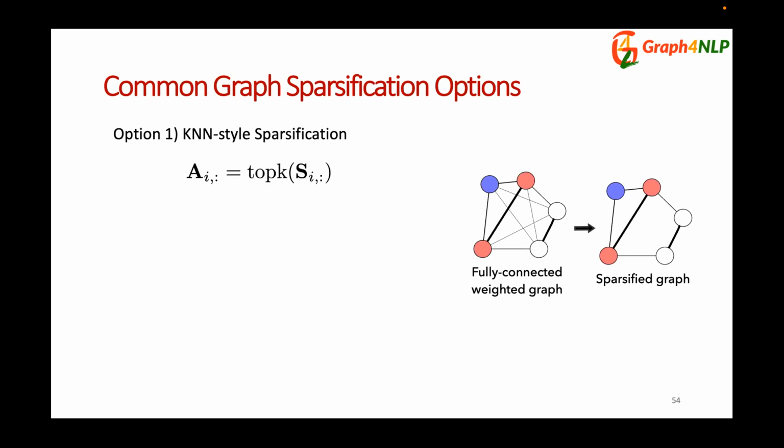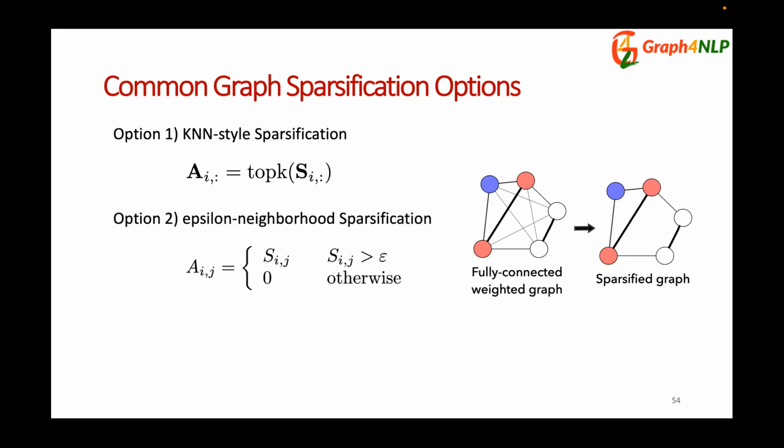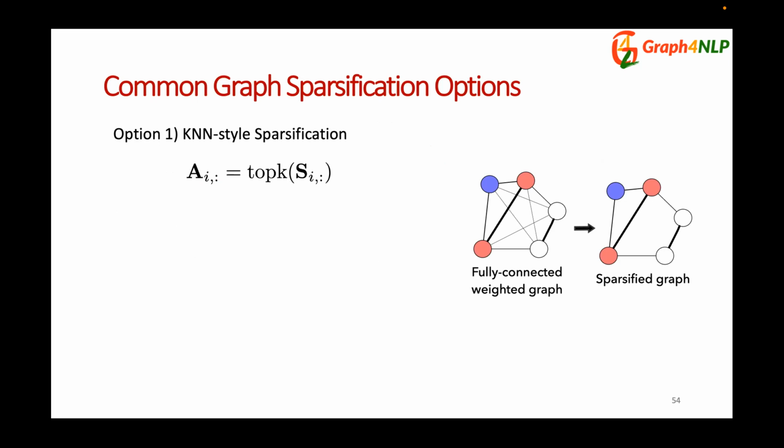For kNN-style sparsification techniques, for each node, only the K nearest neighbors and the associated similarity scores will be kept, and the remaining similarity scores will be masked off.